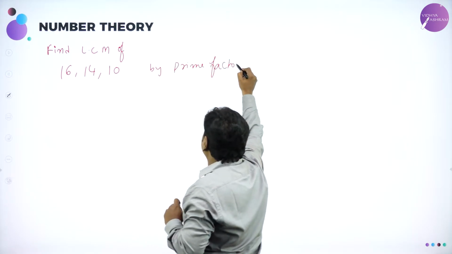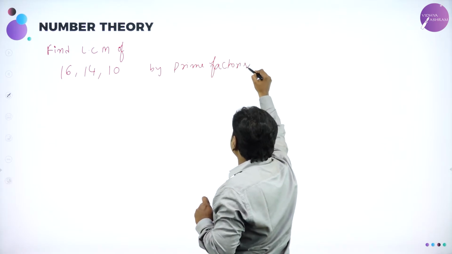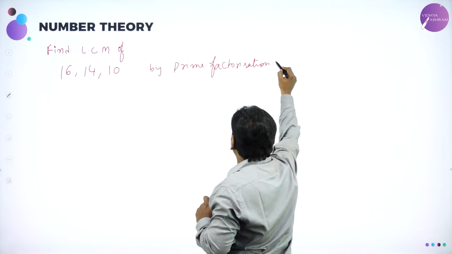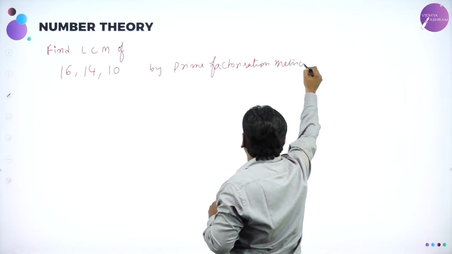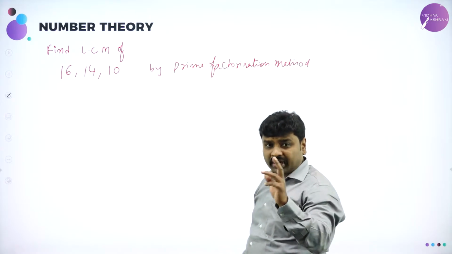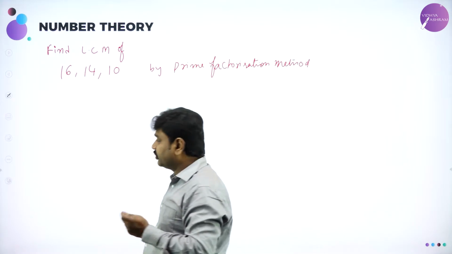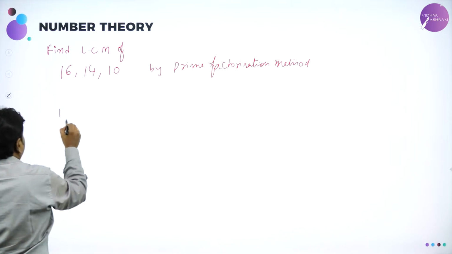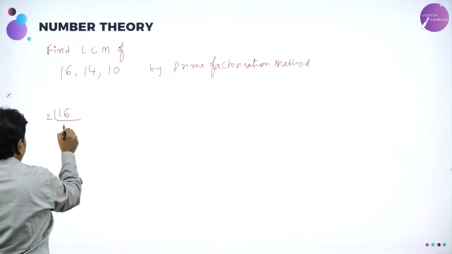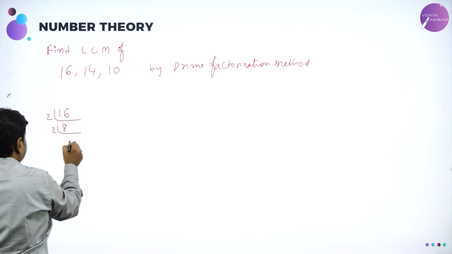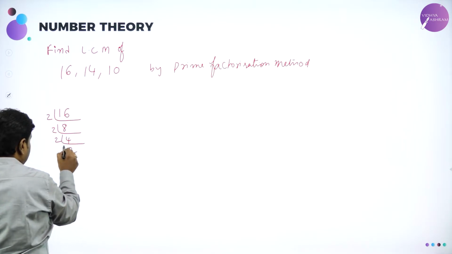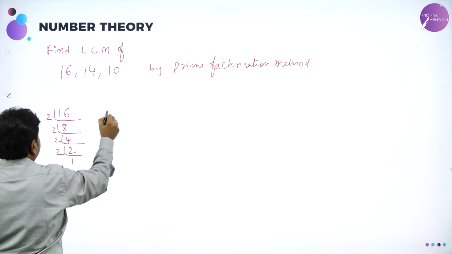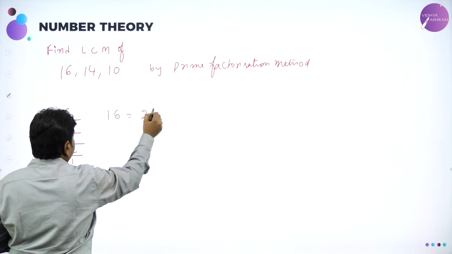How do we do it? First you have to write them as a product of prime factors. First take 16. Go on doing prime factorization: 2 eights are 16, 2 fours are 8, 2 twos are 4, 2 ones are 2. So 16 can be written as 2 power 4.